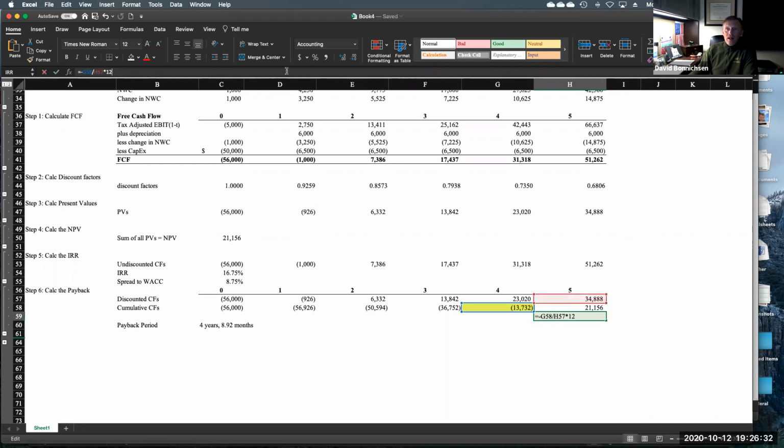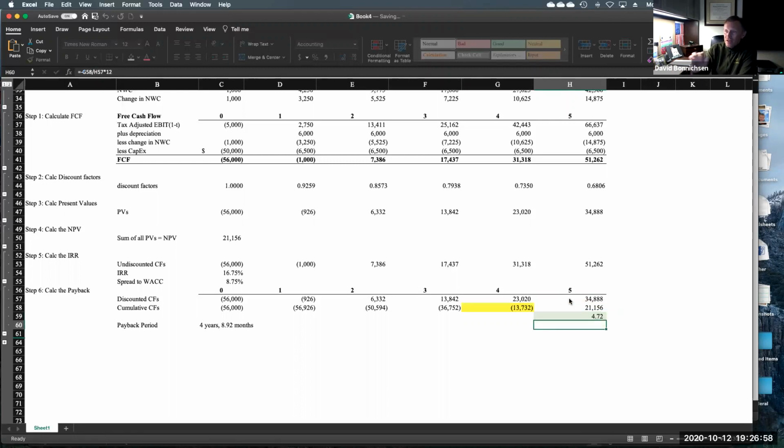We take the remaining balance that we had, the $13,732, we divide it by the full year discounted cash flow for year 5. So it gives us a percentage of the year that it took, okay, to create the $13,732. Okay. And then we multiply it by 12 for the number of months in a year.